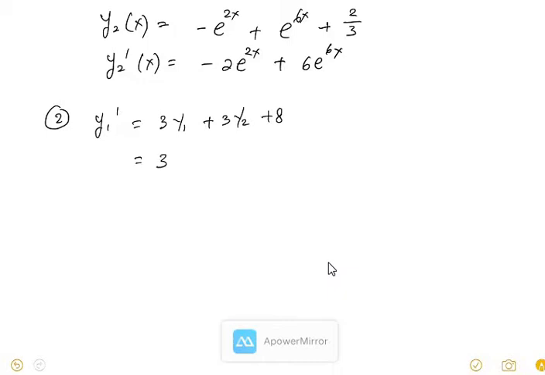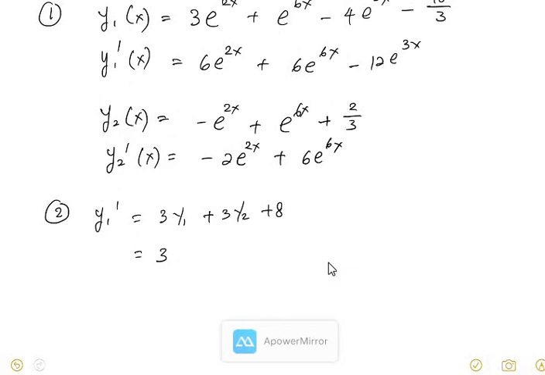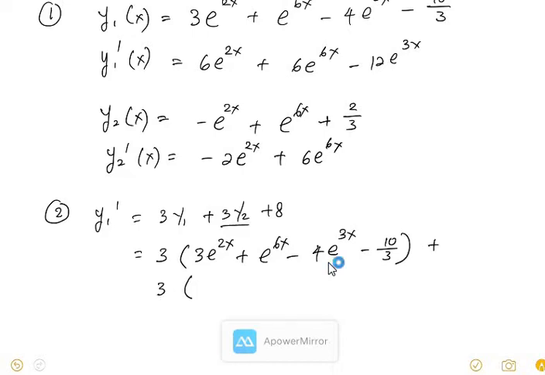Y1 is 3e^(2x) plus e^(6x) minus 4e^(3x) minus 10/3, then plus 3y2. Y2 is negative e^(2x) plus e^(6x) plus 2/3, then plus 8.